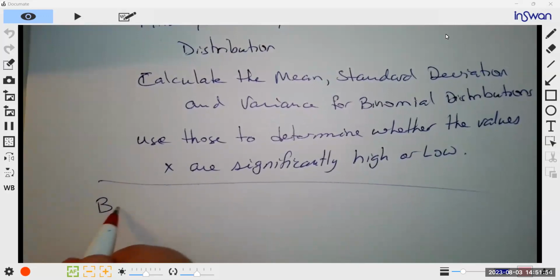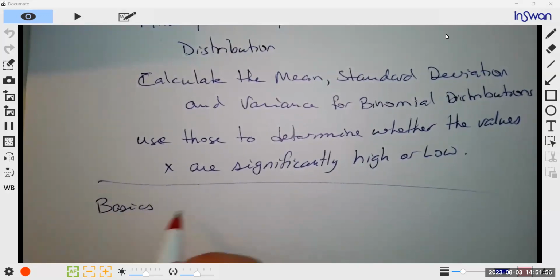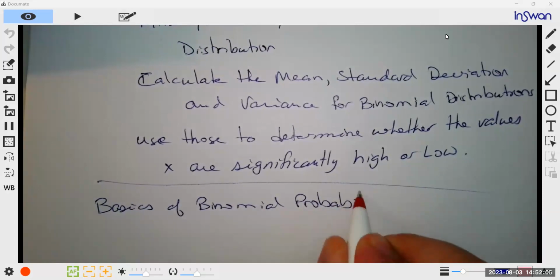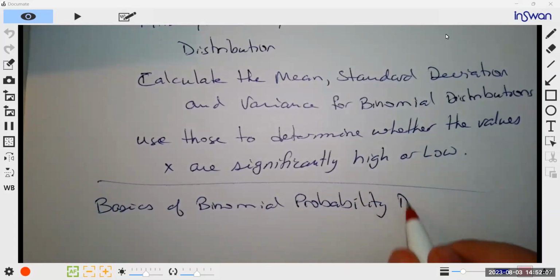First off, let's look at the basics of binomial probability distributions.